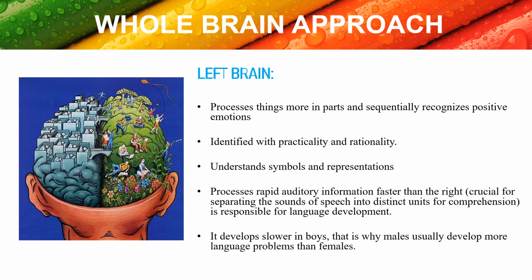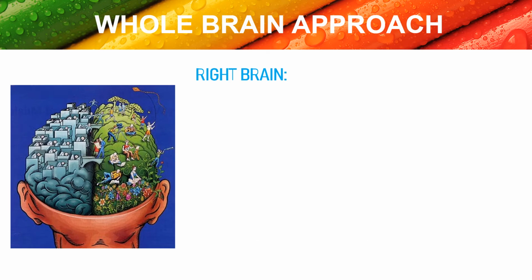And also, the left side of the brain develops slower in boys than in girls. That's why the language comprehension of females is a little higher than that of males.